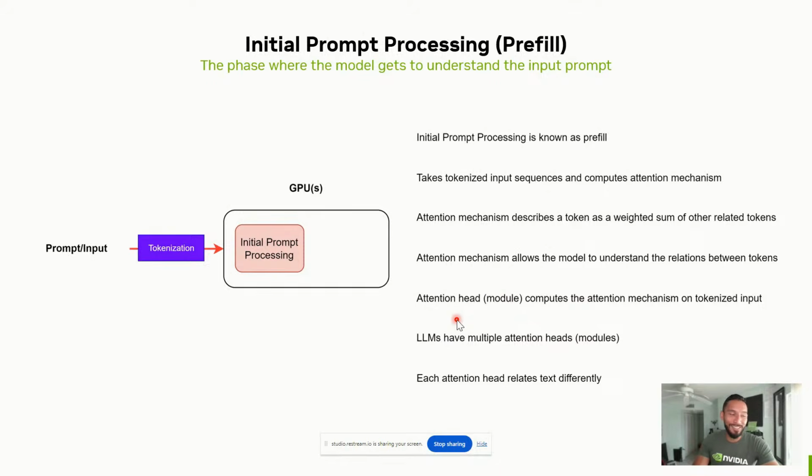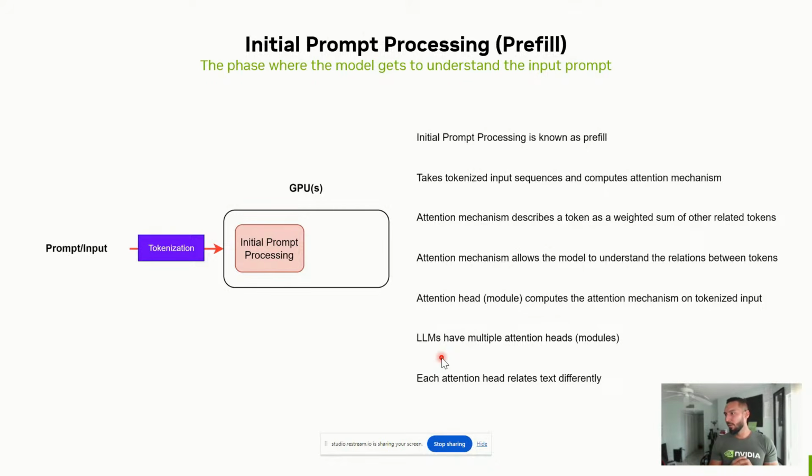You'll see this term called attention head. I'm encouraging you to just think of it as a module. So this attention head, or this module, is going to compute attention, or find the relations between words in a sequence, but it's going to have its own sort of knowledge, and that'll make sense coming up. LLMs have multiple attention heads, so they'll have multiple of these modules that will then go try to interpret the data in different ways.